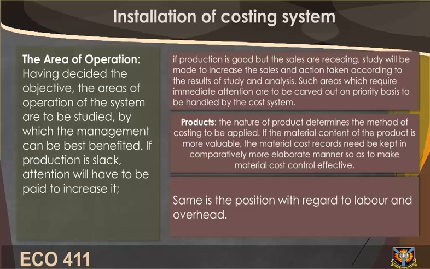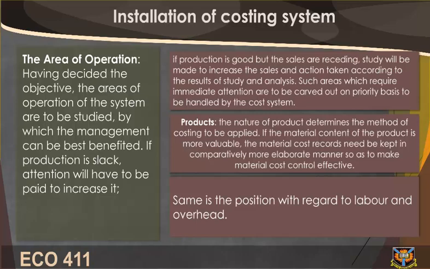If production is good but the sales are receding, study will be made to increase the sales and action taken according to the results of study and analysis. Such areas which require immediate attention are to be carved out on priority basis to be handled by the cost system.